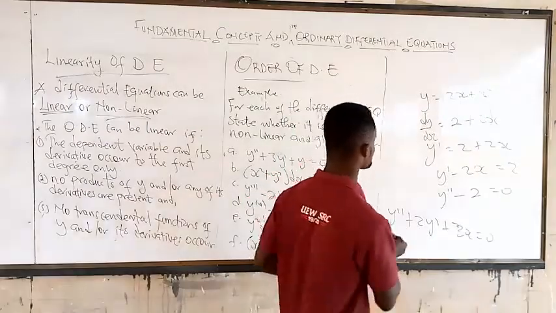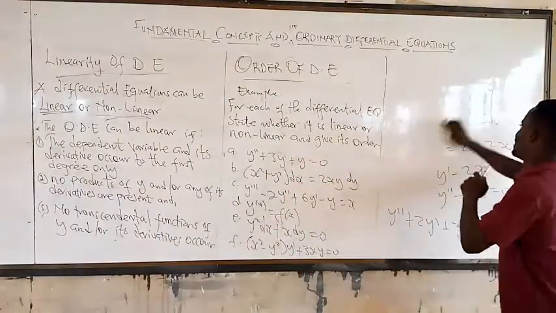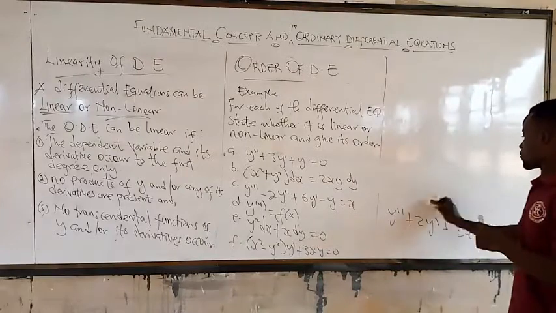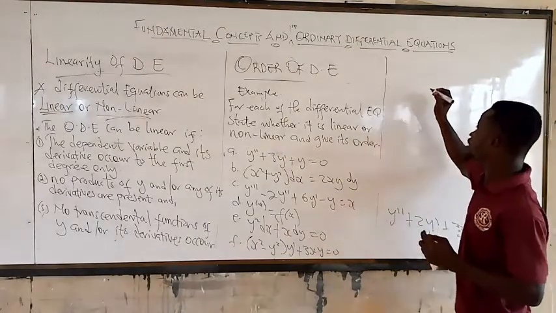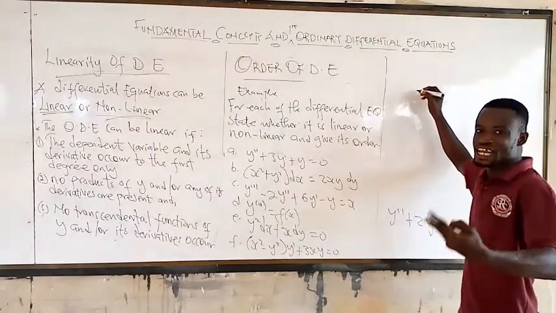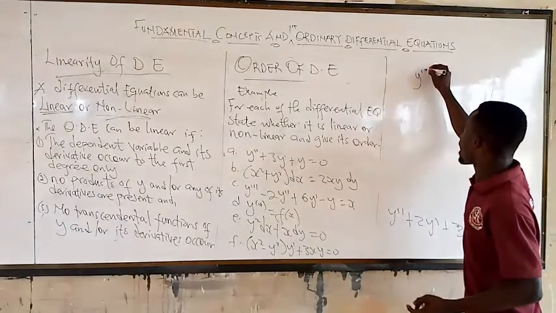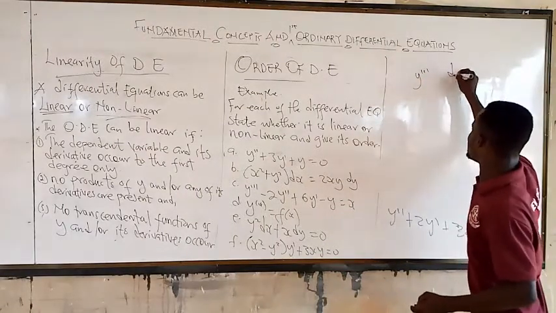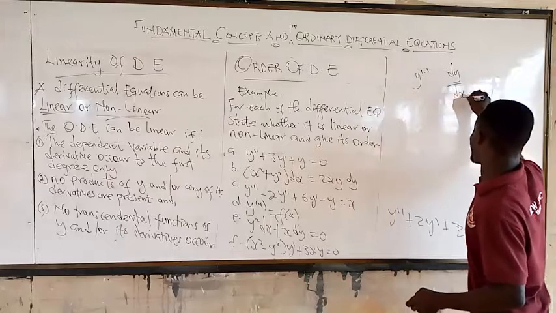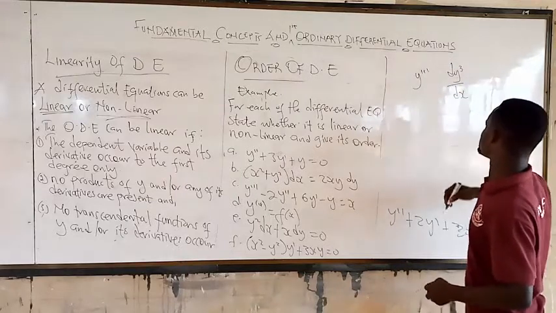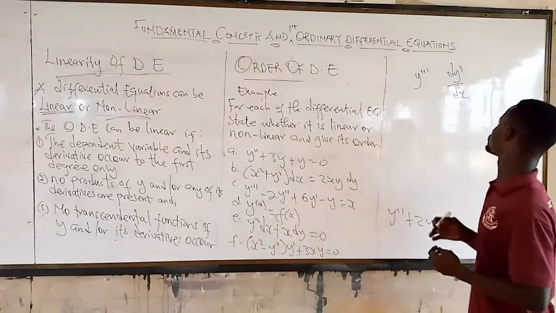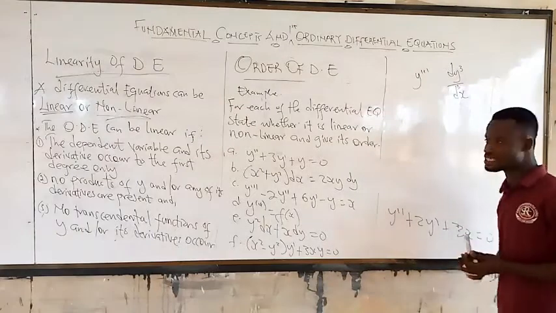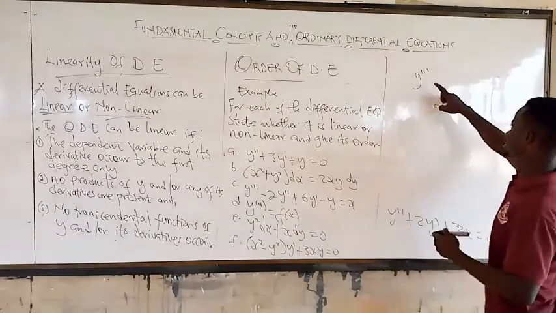And also, if I want the third derivative, I will represent it by y prime prime prime, or d cubed y over dx cubed. But normally we represent it as this.